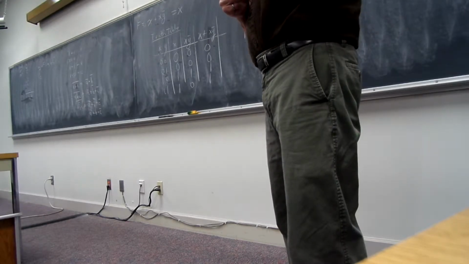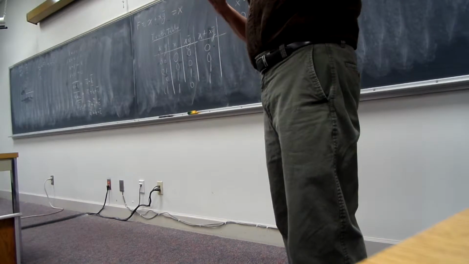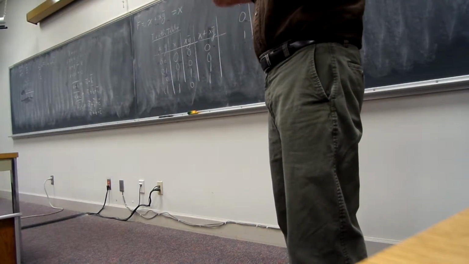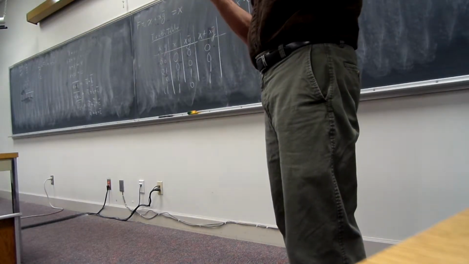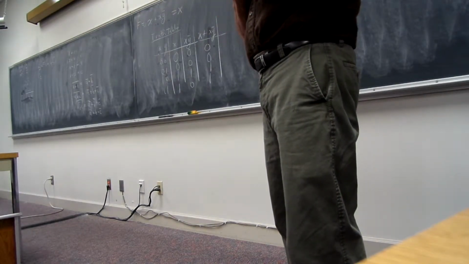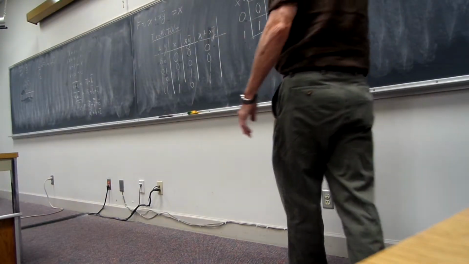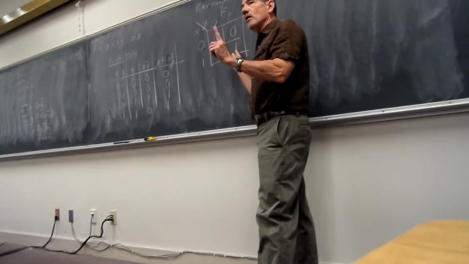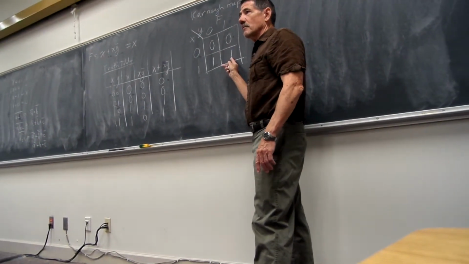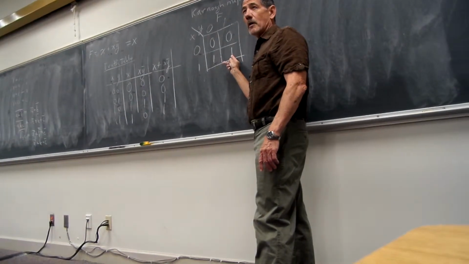Now, when you're putting a 1 into a group that's a power of 2, you have to be able to get from each 1 to another 1 eventually by only having 1 variable change. So can I get from here to here by having only 1 variable change? And that variable is what? Y.